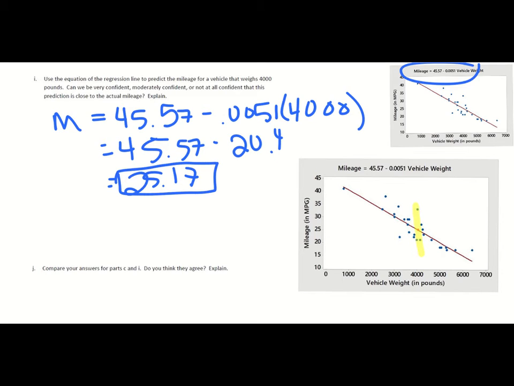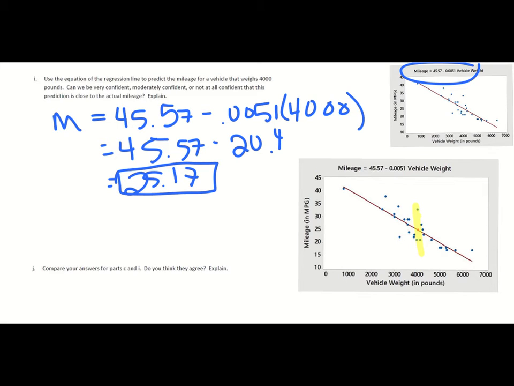Okay. If you look at that pink dot in the middle, I want to know, is that 25.17 an accurate representation? Since the association is moderate, I would still say it's probably a moderate representation of it.